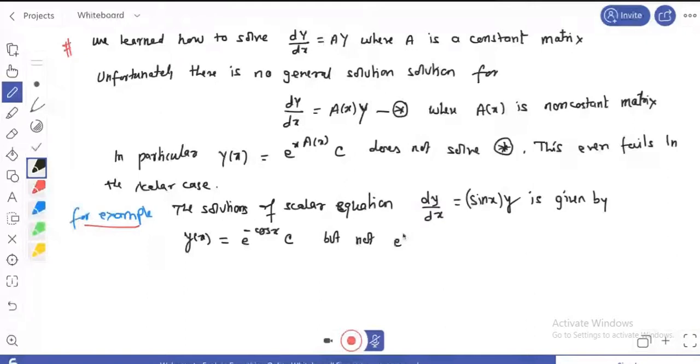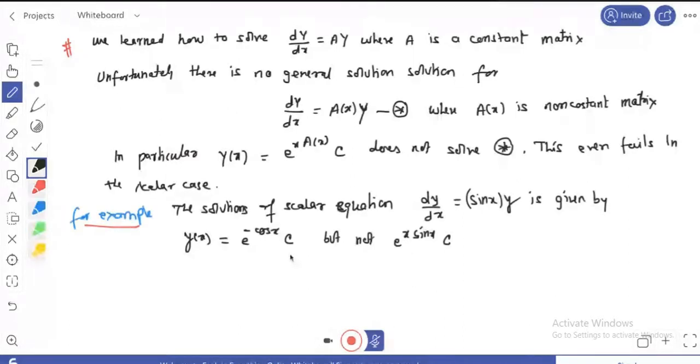This is not e to the power integral of sin x with constant c. If we take this form, where A(x) is sin x, this is not a solution. So this even fails in the scalar one.